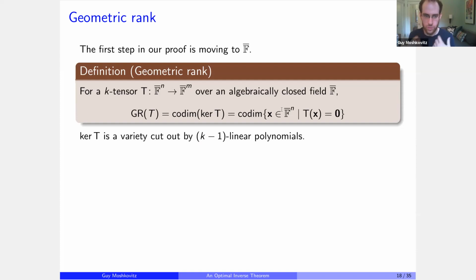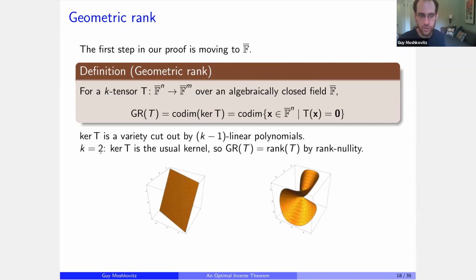Okay, so we start with a k tensor that gives us a kernel variety, and it's an algebraic geometric object, and then you can talk about its codimension, and that's the geometric rank. And as I said, when k is equal to 2, the kernel of T is just the usual kernel, and so the geometric rank is just the rank by rank-nullity. On the left figure, you see an illustration of a kernel for a 2 tensor. So that's a linear subspace.